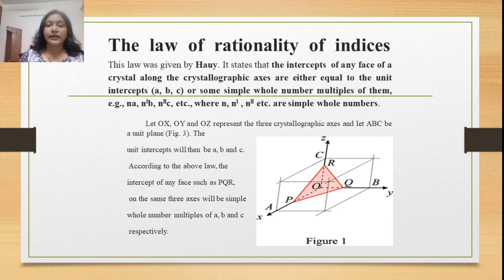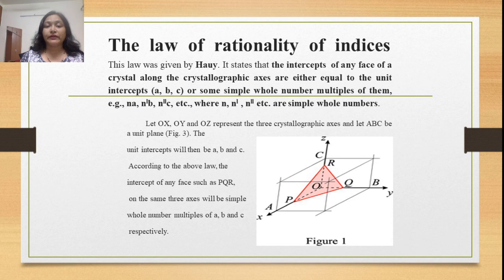That is, the intercepts will be either equal to the unit intercepts or some whole number multiples of the unit intercepts. For example, na, n1b, n2c, where n, n1, n2, etc. are simple whole numbers.